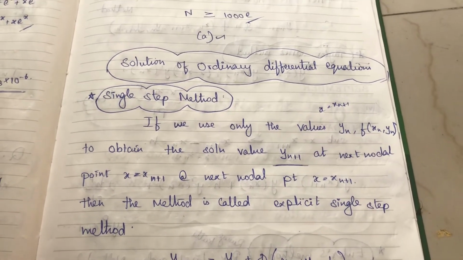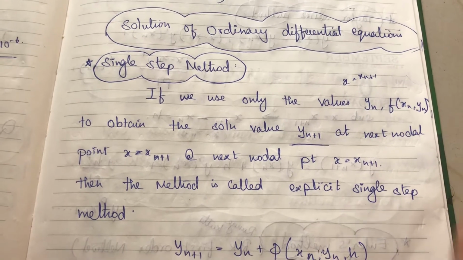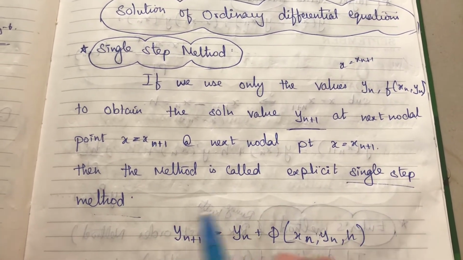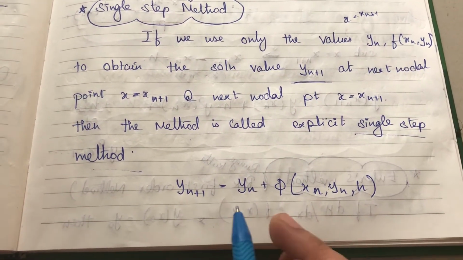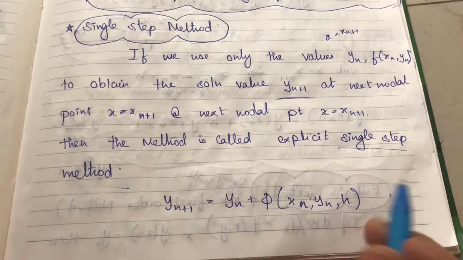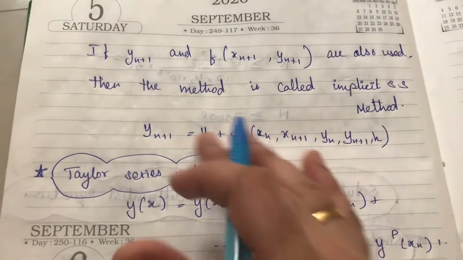So this is an explicit single step method. The formula is yn plus 1 equals yn plus a function, which includes xn, yn, h, that's it. So this is a single step method.